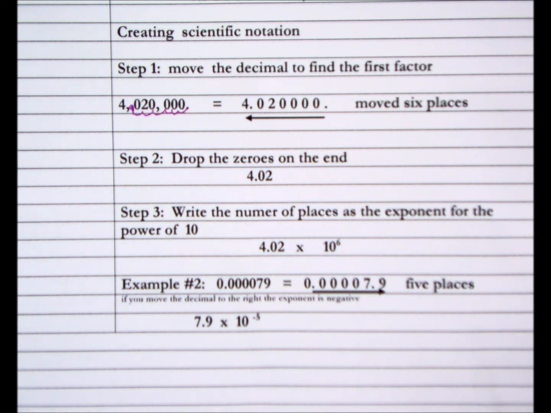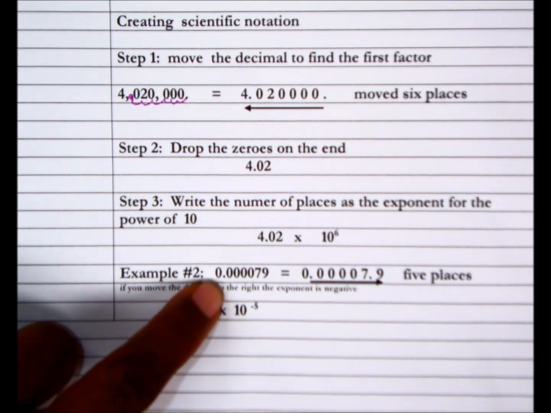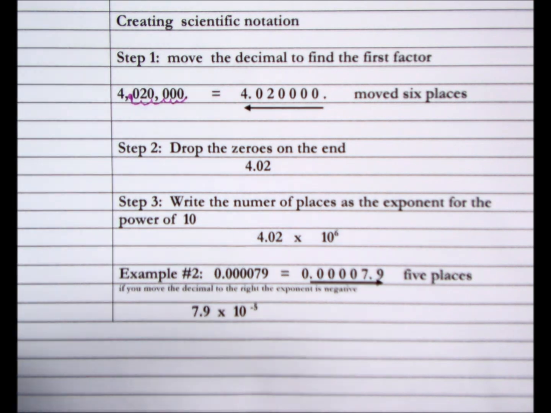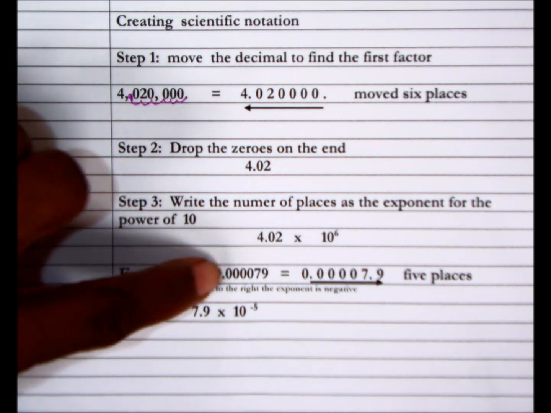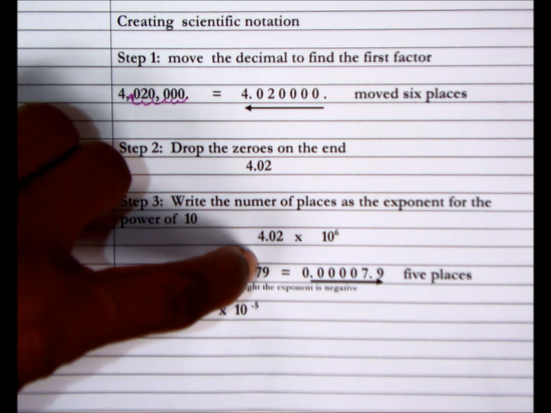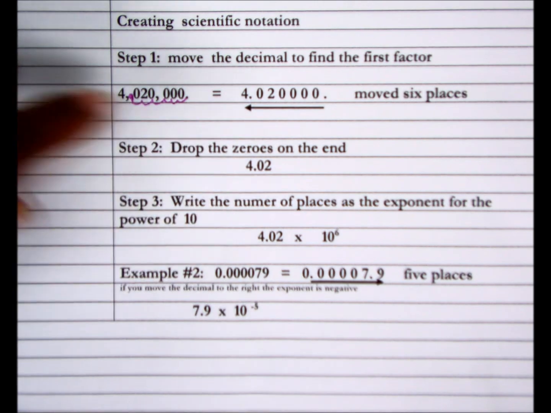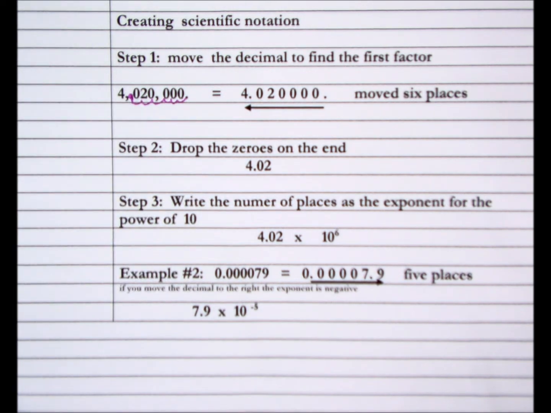Sometimes we will have a number that is under the value of 1. You know, this is tens, hundreds, thousands, ten thousands, hundred thousands, millions. Okay, so we have 79 millionths.